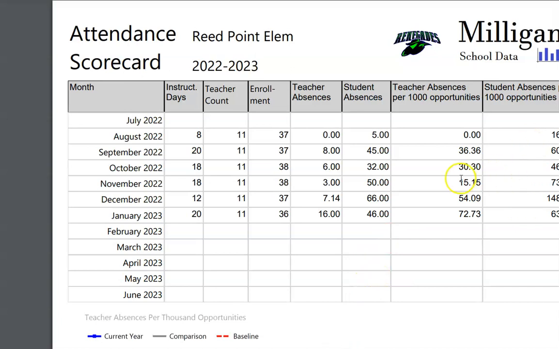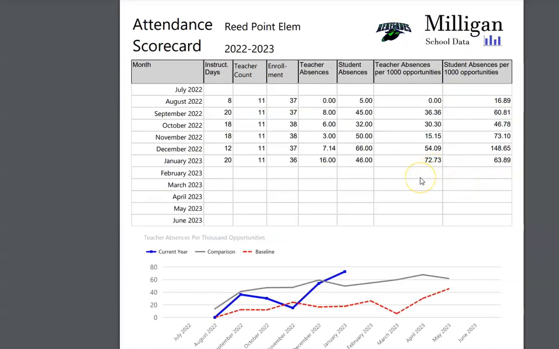And what this scorecard does is this is a scorecard with some real data. And so it just does exactly what we just did over on the Excel spreadsheet over there. So for example, in September of 2022, there are 20 instructional days in that month, 37 students, and 45 absences. And that comes to 60.81 absences per 1,000 opportunities.